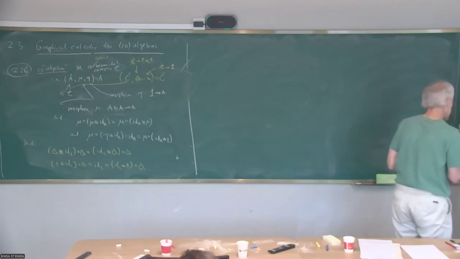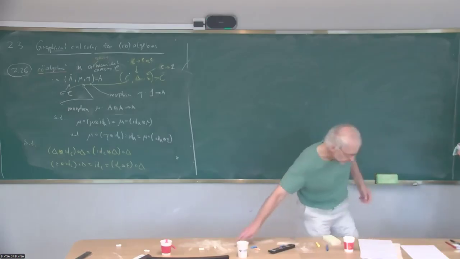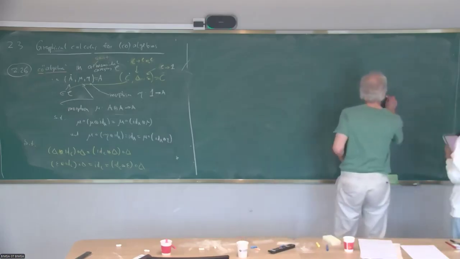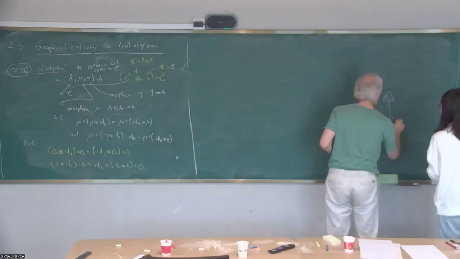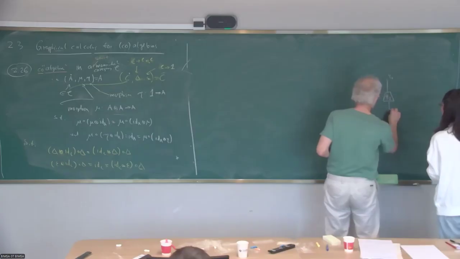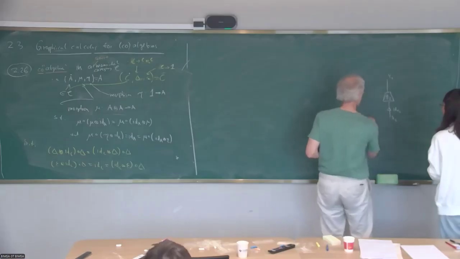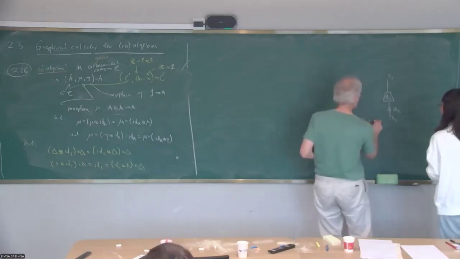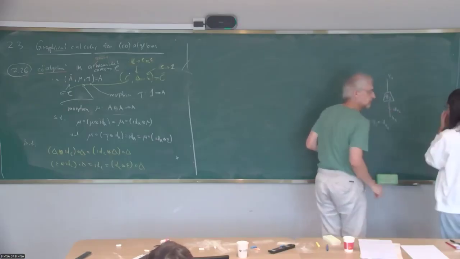It's an identity. So if this G1 is from X1 to Y1, I could say I insert here the identity on X1. And so this I write G1 equals G1 composed with identity on X1. And instead of a coupon, I just draw it like that.